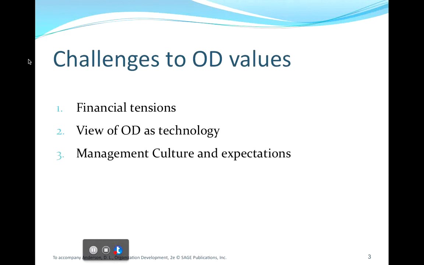The third challenge to this is the idea of management culture and expectations. Oftentimes management does not see a value to anything that doesn't spin off immediate bottom line results. And so oftentimes the desire for financial and economic results can in fact run contrary to the kind of implementations that are going to lead to better human results.